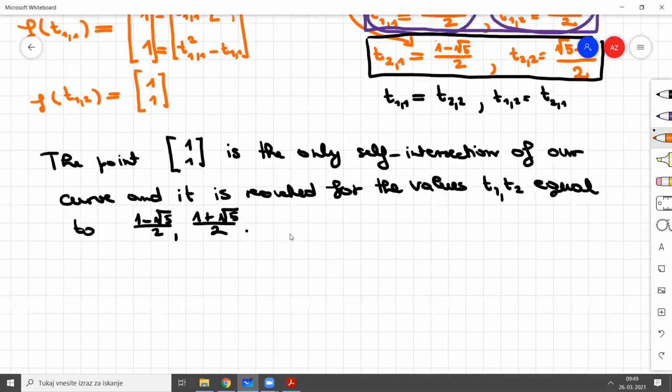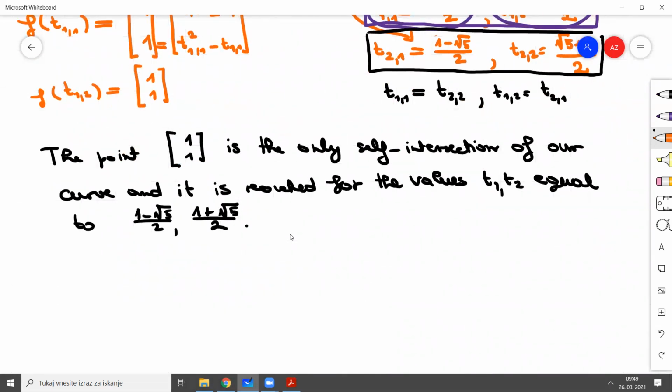Okay, and we don't know how this curve really looks, but later on we will study how to sketch it, and I can just show you an approximate sketch of this curve.